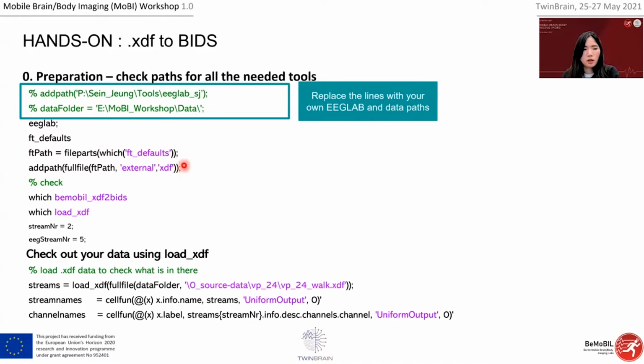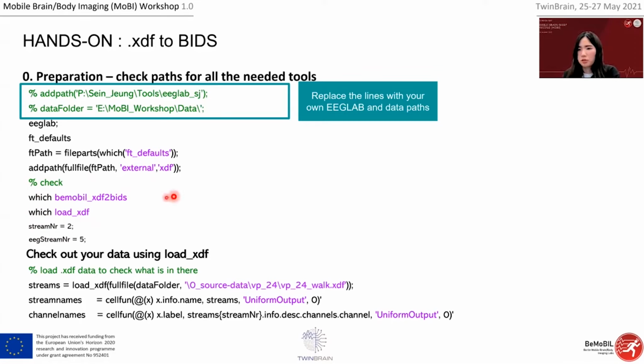There is another way to do this using XDF browser. I think XDF viewer and browser are different things. The browser is nice, but I think it doesn't work for Unix OS like Mac or Linux. So we're just doing this within MATLAB as much as possible.